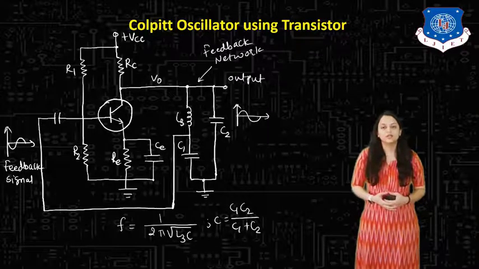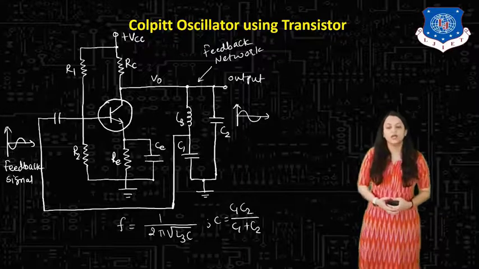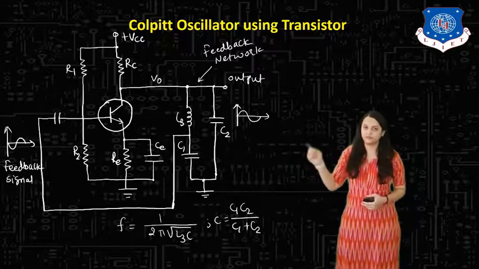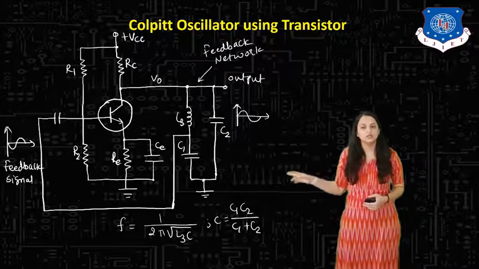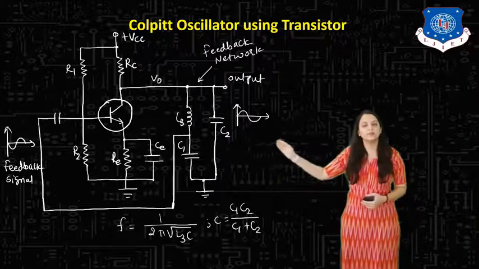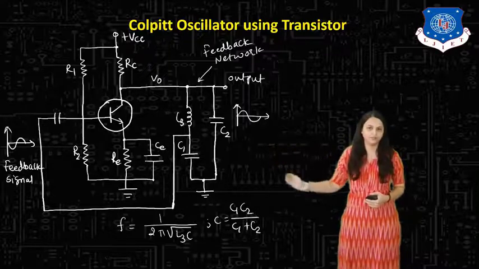So here the first one is the Colpitts oscillator using a transistor. As you can see here, the feedback network is a combination of two capacitors and one inductor, where Z1 or X1 is the inductor and the other two are capacitors. This arrangement remains the same and the active device may be changed, whether it is BJT or FET.